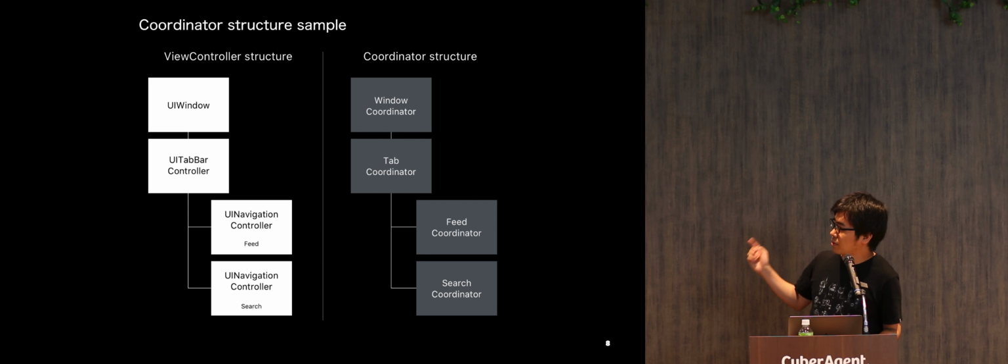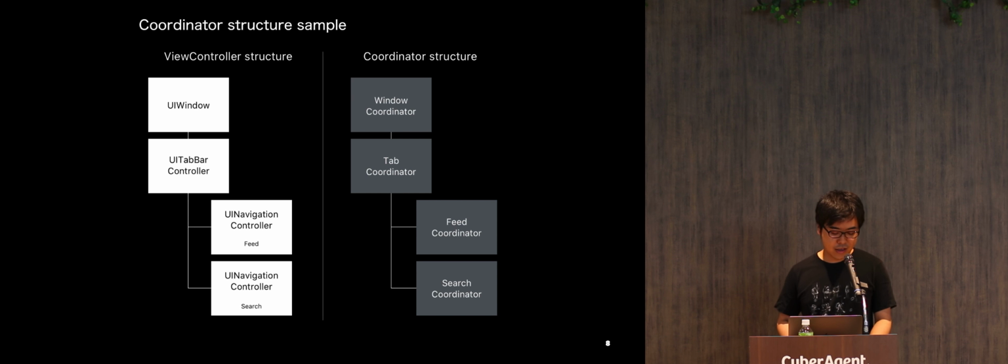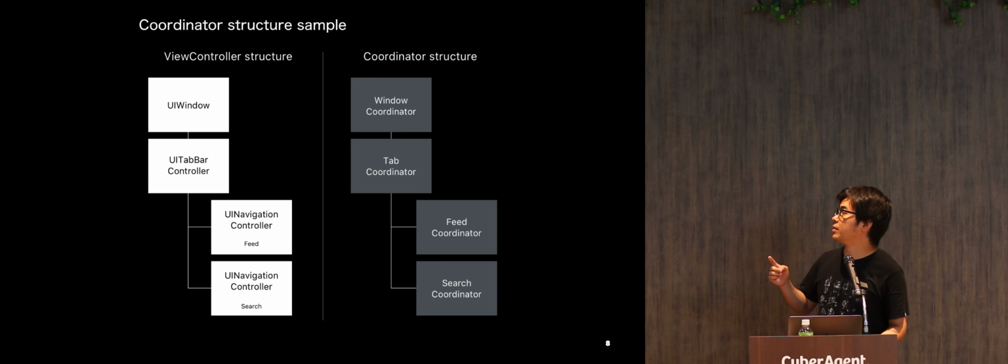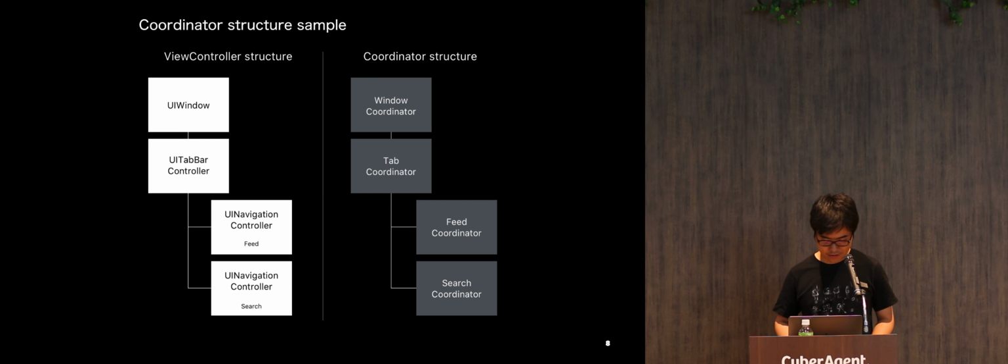So a tab coordinator corresponds to the tab bar controller, and two navigation coordinators correspond to the navigation controllers. Each coordinator has a reference to the corresponding view controller, so they can handle that transition inside the coordinator.